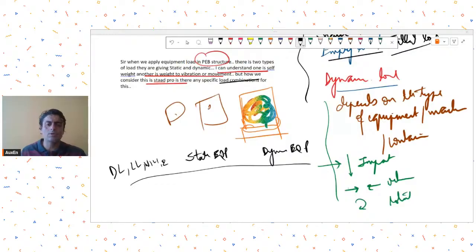So it all depends on how the equipment supplier has given you these loads. But then you can make different load cases, and for each load case then you can make load combinations. All right, so this was engineer Balaji with his query.